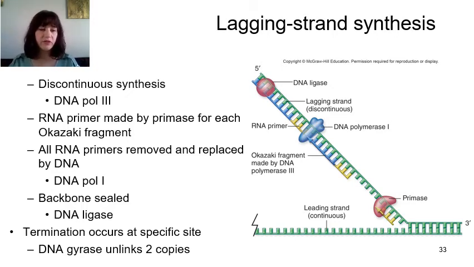We then have a DNA polymerase 1 that comes in and removes those RNAs and replaces them with DNA. And then we have an enzyme called ligase that helps to seal the backbone. It connects those two fragments together, creating a phosphodiester bond there. If you've ever heard of the word ligate, it's kind of like to glue or put together, so that's why it's called a DNA ligase.